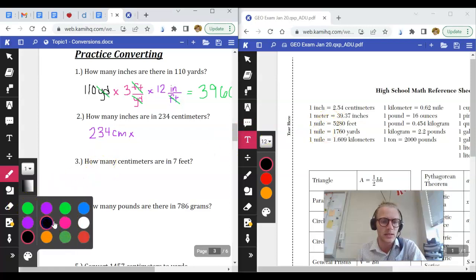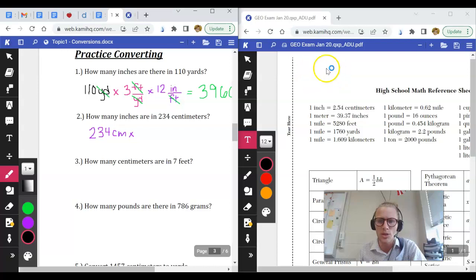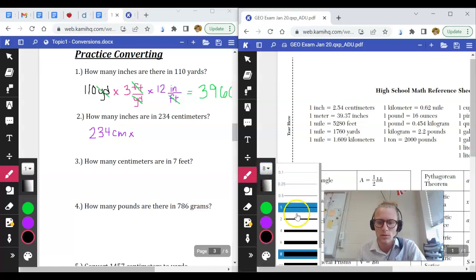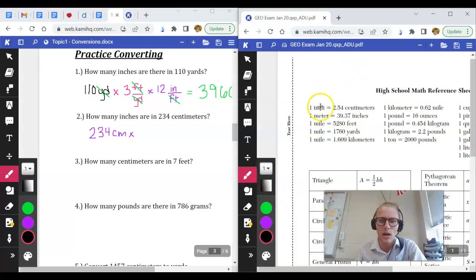So this is going to take a little bit of algebra, not much. We want centimeters to be in the bottom. So if we want centimeters in the bottom, we would divide centimeters across our equal sign. Let me show you what I mean. 1 inch equals 2.54 centimeters.